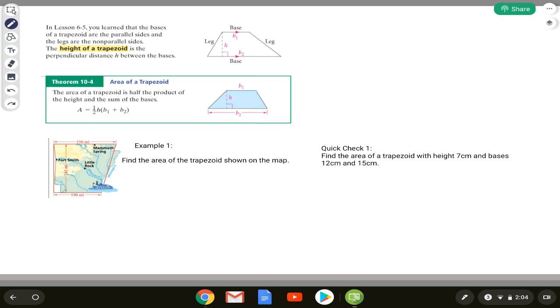So looking at example 1, they have a picture of Arkansas on the map, and they've drawn a trapezoid around it, and they're asking us to find the area of the trapezoid shown there. The two parallel sides would be the top and bottom, and then the height would be the distance between those two. So I'm just going to write down the formula.